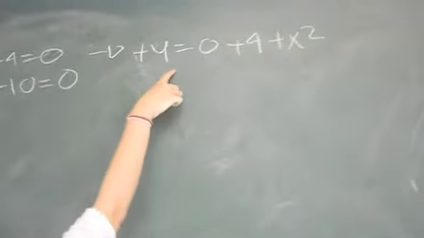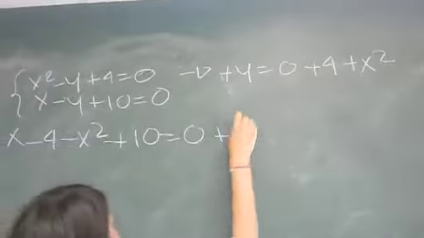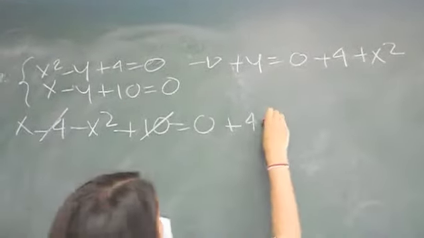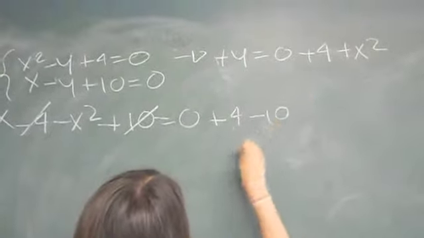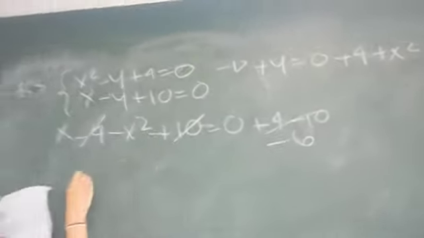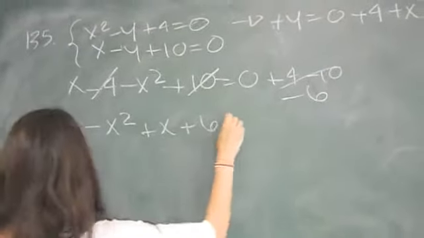And then I'm gonna substitute this here, and I will change this to the other side, and this also. So it will be -10, and it's -6, but to have it positive, I will change it again to this side. So it's negative x squared plus x plus 6 equals 0.